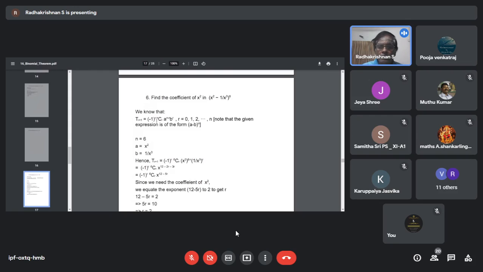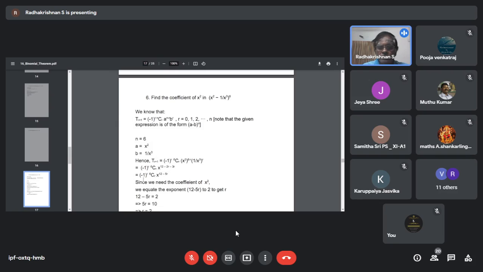That is minus 1 to the power of R, nCR, A to the power of n minus R, B to the power of R. So if n equal to 6, A equal to x square, B equal to 1 by x cube, TR plus 1 is equal to minus 1 to the power of R, 6CR, x square whole to the power of 6 minus R, 1 by x cube to the power of R.